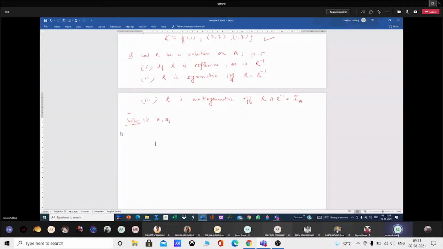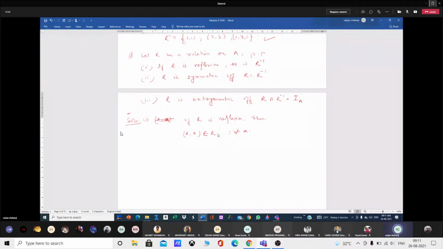First, (a, a) belongs to R if R is reflexive, and this is valid for all a.